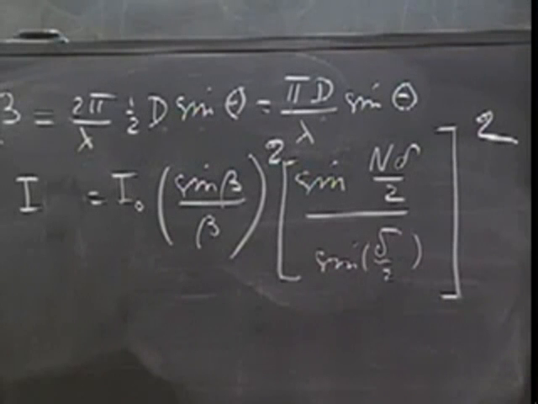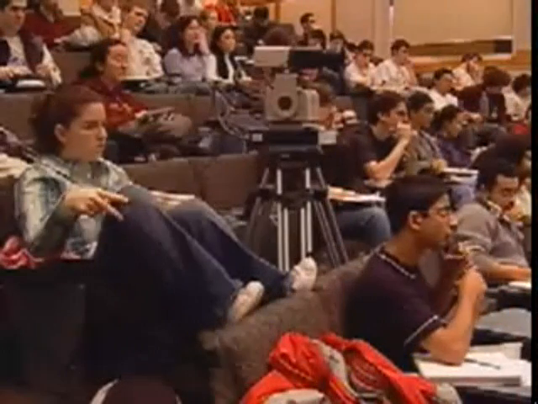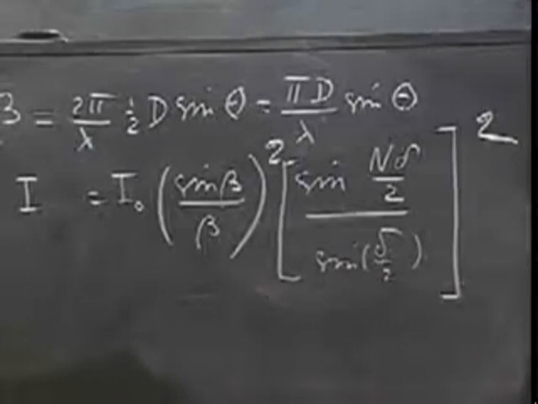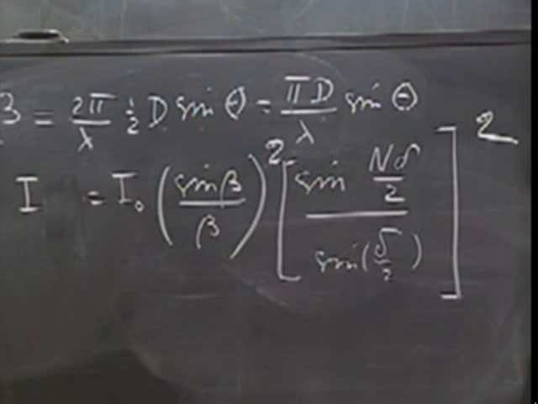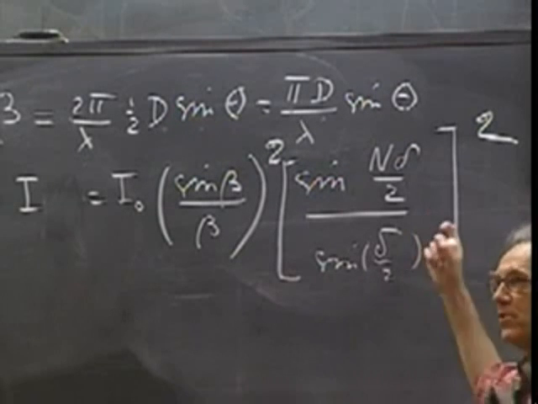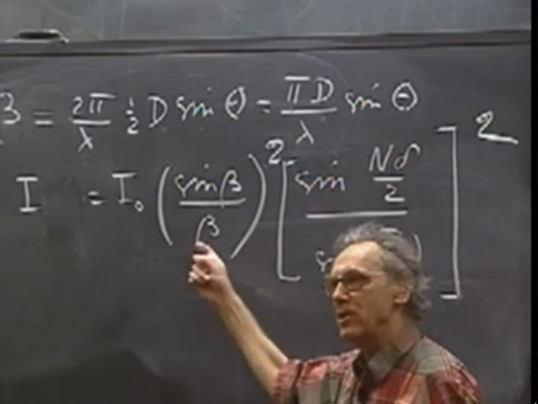And so what you see now is that since little d is always larger than capital D, you're going to see that the maxima, which come from this equation, are being modulated by this one.